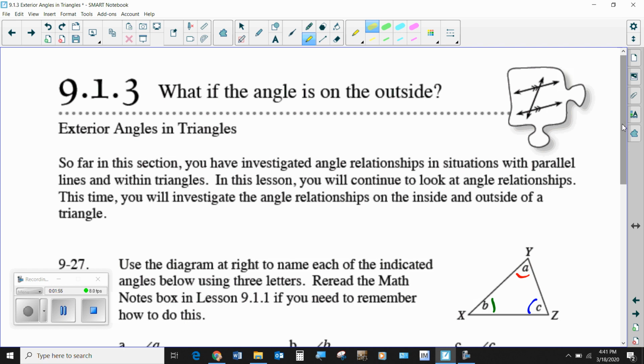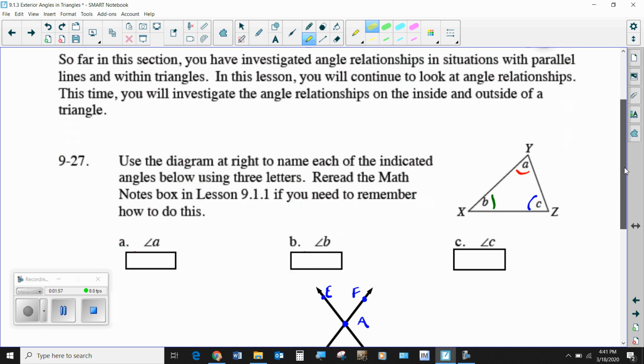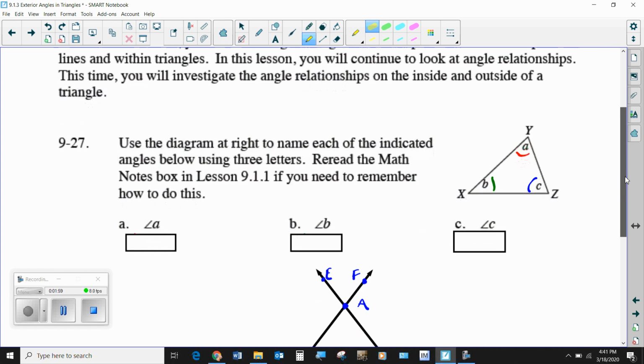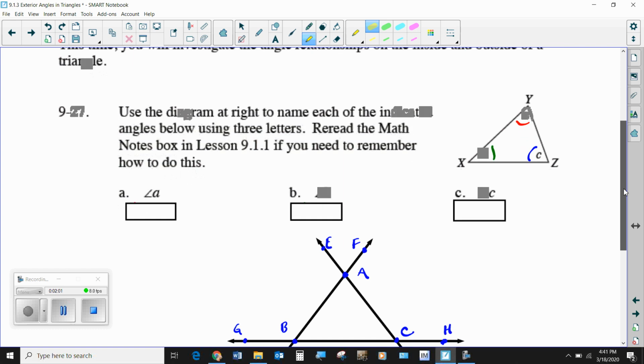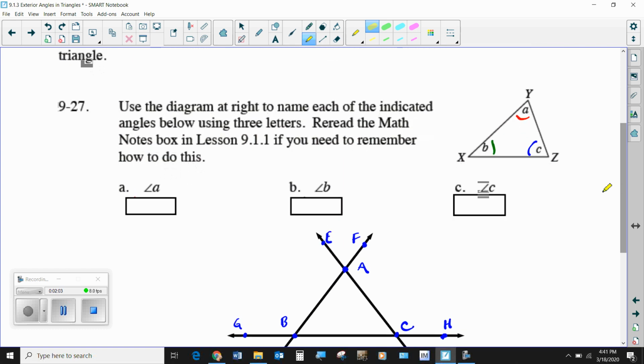Before we get started on this concept of remote and exterior angles of triangles, it's really important that we review how to name an angle.